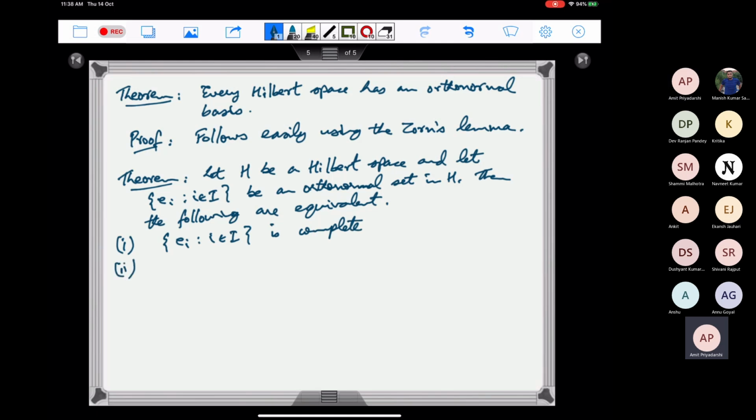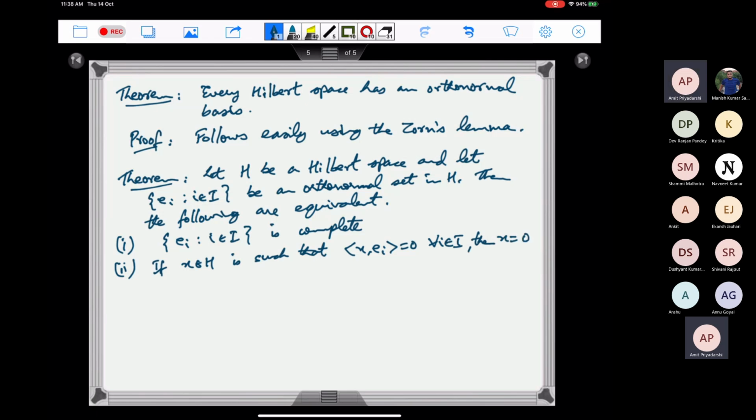Second, if x is such that x dot e_i is equal to 0 for all i in I, then x must be 0.